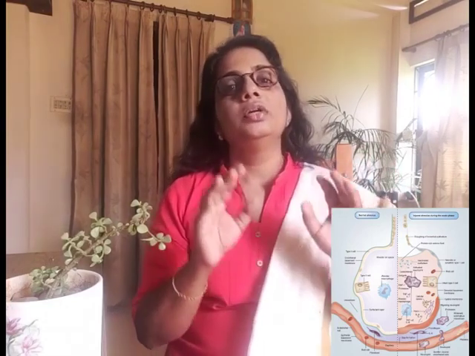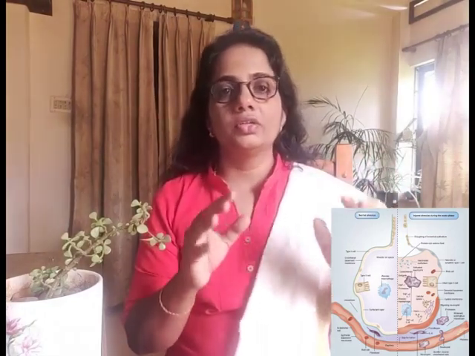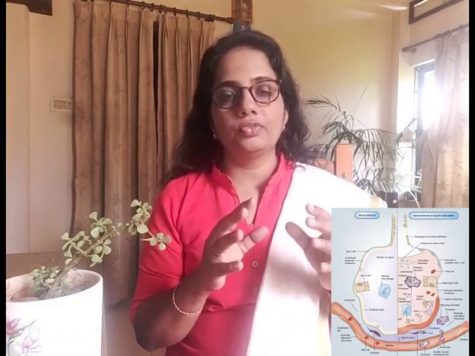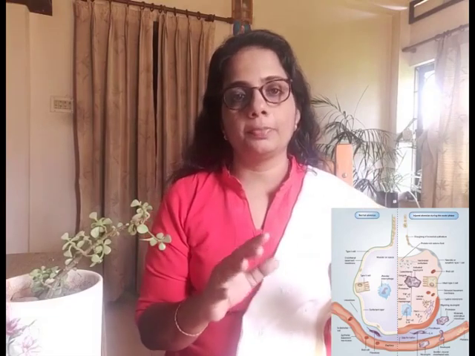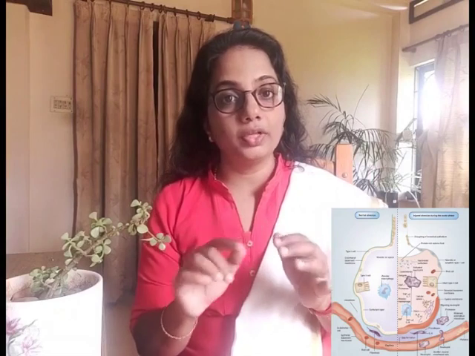Assembling of these viral components or viral units and making new virions, that is the next process. Integrase is an enzyme which is helpful in assembling the units of the virus and making it into a new virus. Like that, new viruses will be formed in the Golgi apparatus of the cell.